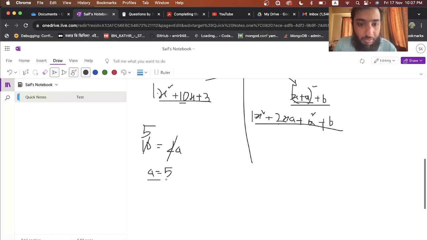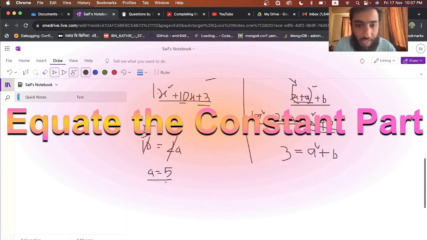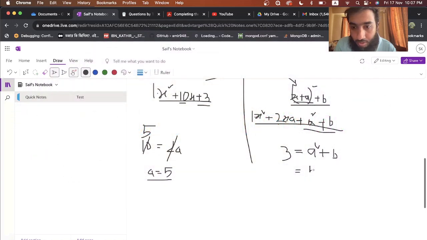So if I find the value of a as 5, I can also equate the last one, which is plus 3 here, and the constant here, a square plus b. So if I write 3 equals a square plus b, now I know the value of a, which is 5, so I can write 5 square plus b.